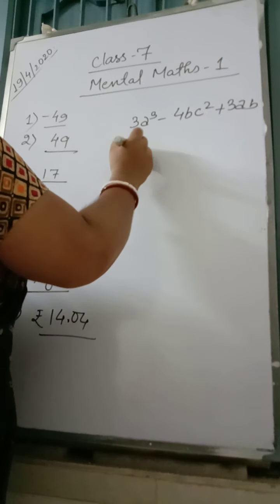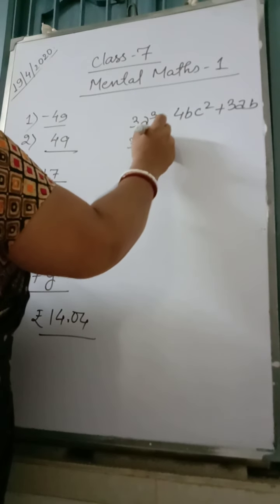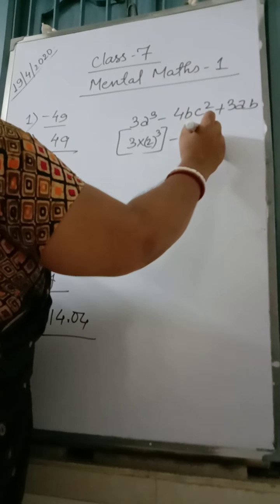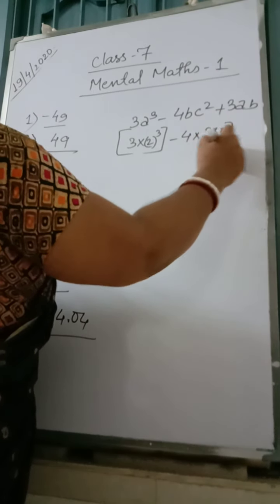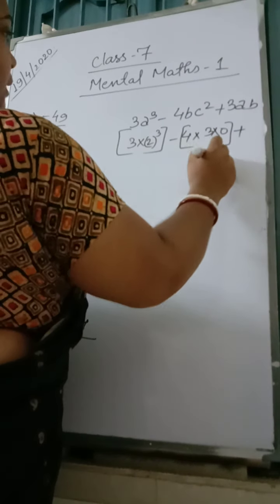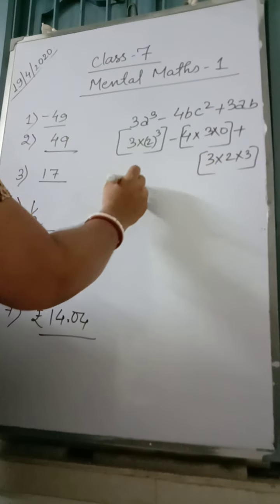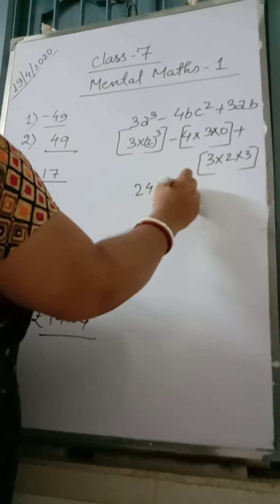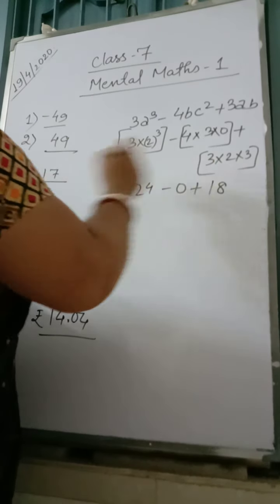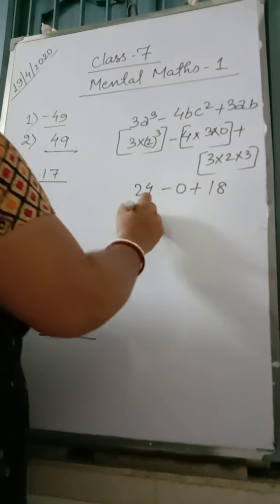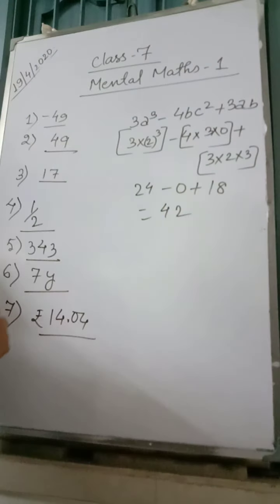A is given 2, so 3 into 2 cube, minus 4 into B's value 3, C's value 0, plus 3 into 2 into 3. So this gives you 3 into 8, 24, minus 0, plus 18. So this gives you 42. Question number 8, answer is 42.